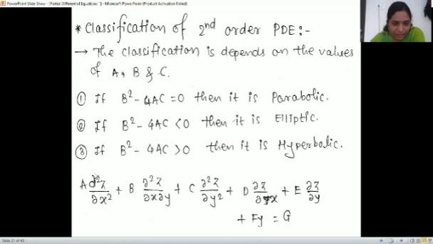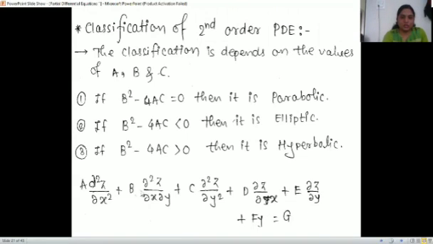What is that? A into ∂²z/∂x², remember, very easy: A, B, C, D, E, F, G. Then it is ∂²z/∂x², the double derivative with respect to x, then the double derivative with respect to x and y both, then the double derivative with respect to y, then ∂z/∂x with a single derivative with x, single with y, and then simply z, and is equal to g.